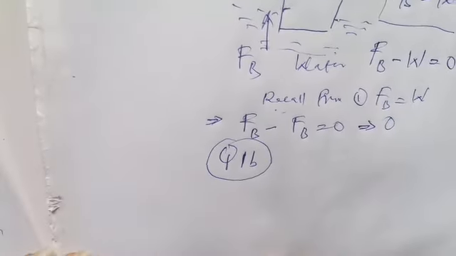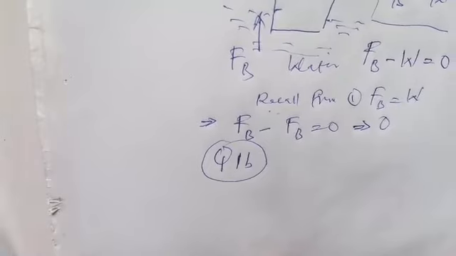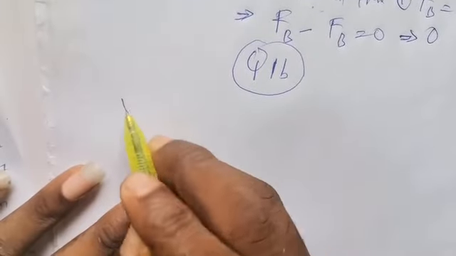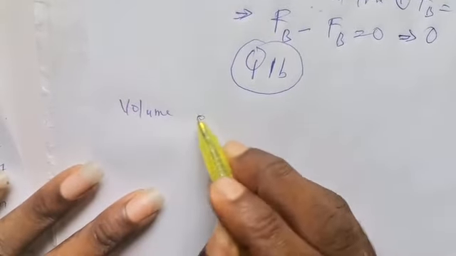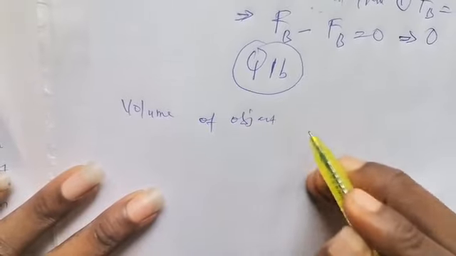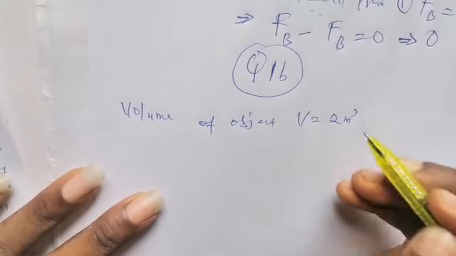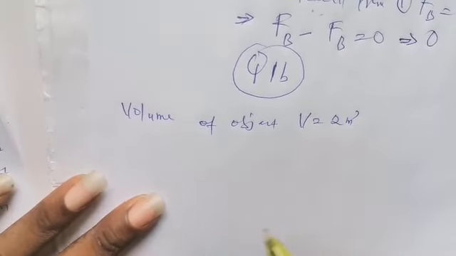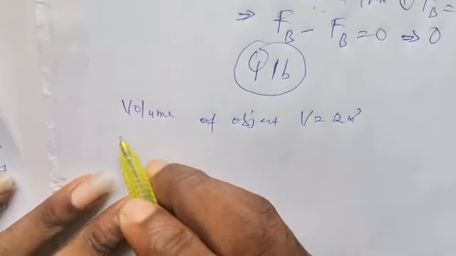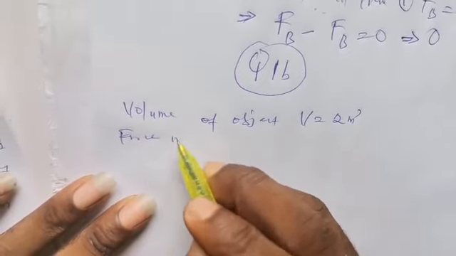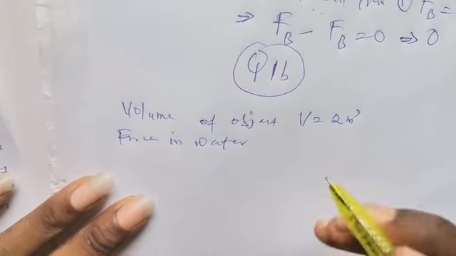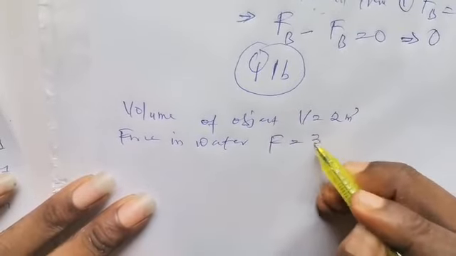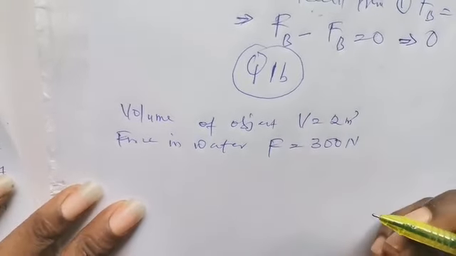All right, so let's get our parameters. The volume of the object, V, was given as 2 meters cube, and it requires a force of 300 newtons to keep it immersed in water. So the force required in water, F, is equal to 300 newtons.